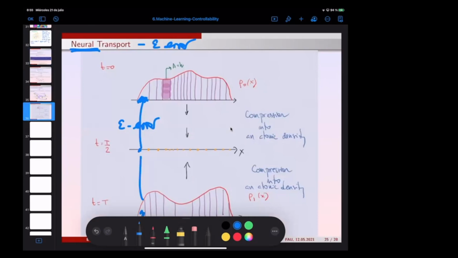I mean, you have to transport all the belongings you have in your apartment, then you will divide it into pieces, you will put it into boxes, and then you will transport the boxes to place them in the new place, and then you open the box again. This is what we are doing. Pack things into boxes, then move the box and open up the box to recover the belongings and place them in the new location.